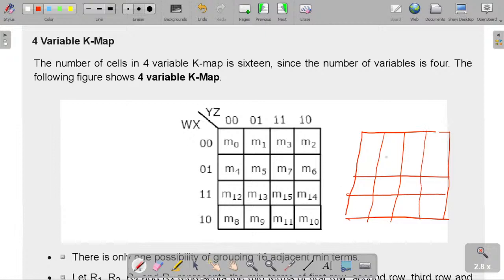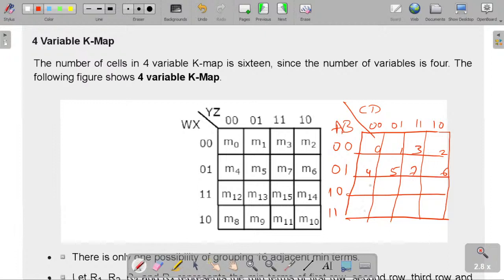In total there should be 16 cells, right? Suppose I use A B C D. For the two variables, the options are 0 0, 0 1, 1 0, 1 1. So this is the 0th cell, 1, this is the second cell, the third cell, 4, 5, 6, 7.